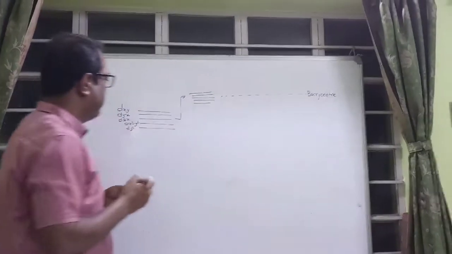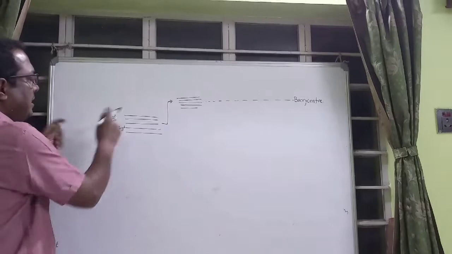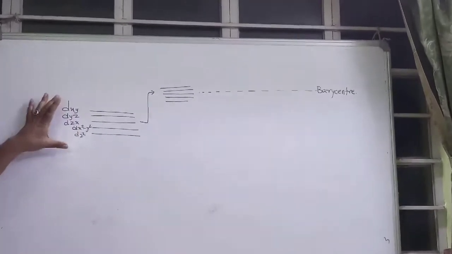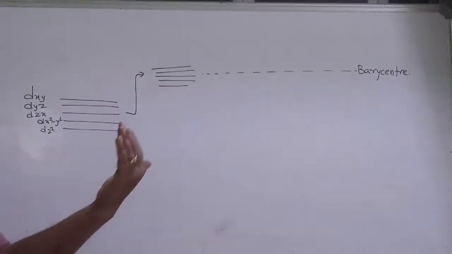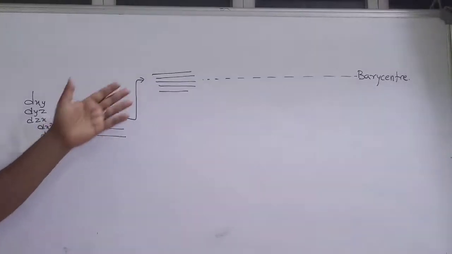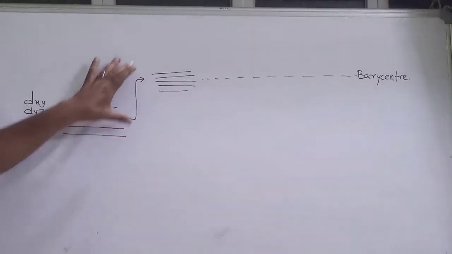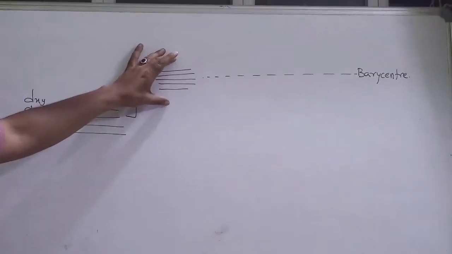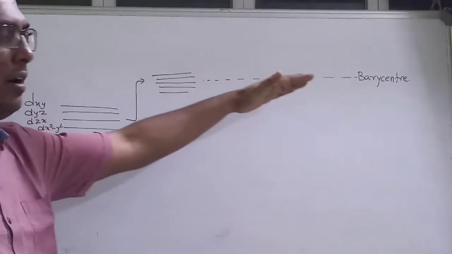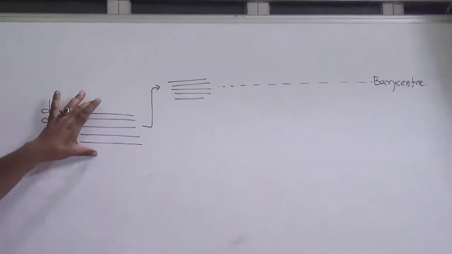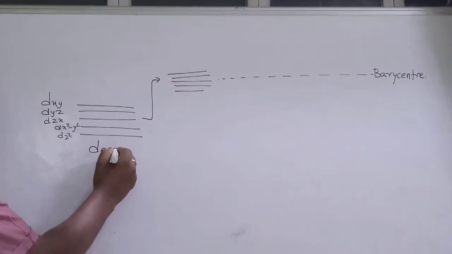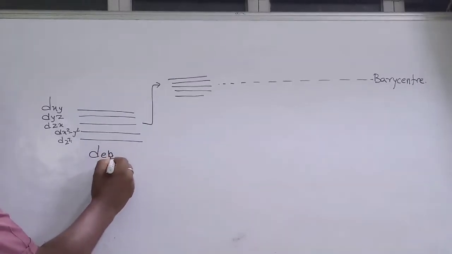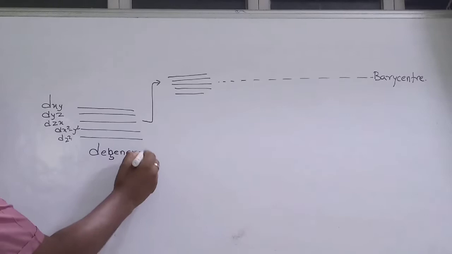Barycenter, B-A-R-Y-C-E-N-T-R-E. So when the d orbital electrons come to face the lone pair electrons of the ligands, they get excited and jump up to a higher energy, and this is what we call the barycenter. This set of electrons before was known as the degenerate level, D-E-G-E-N-E-R-A-T-E.